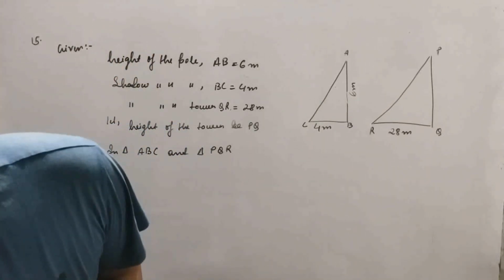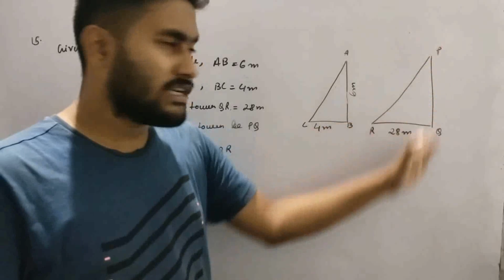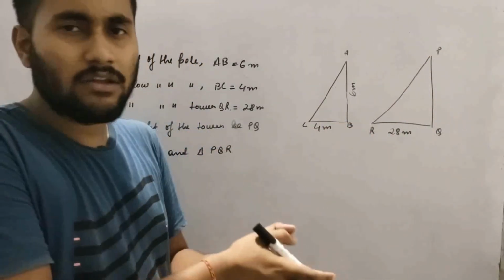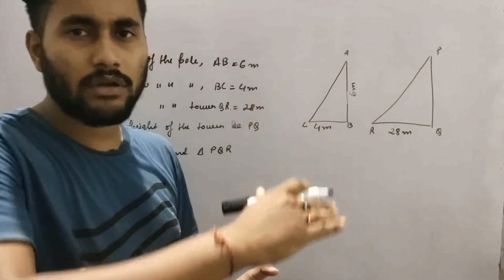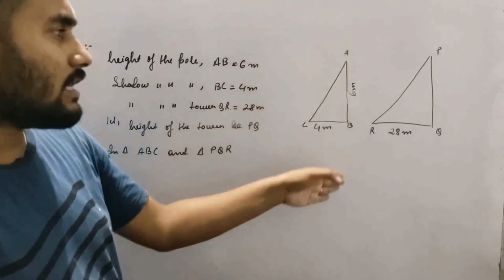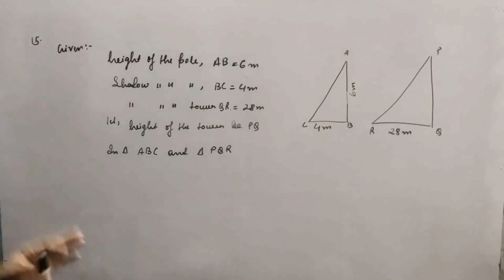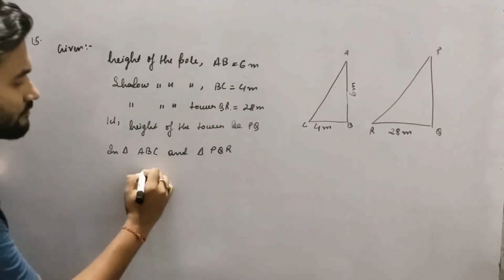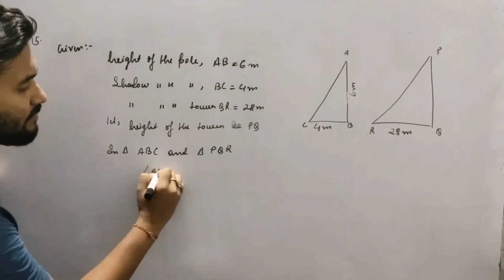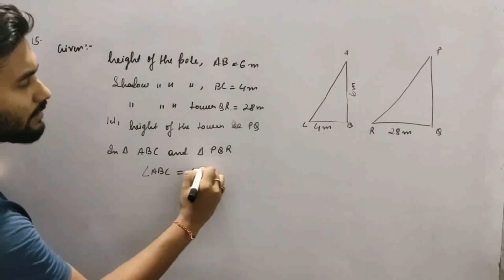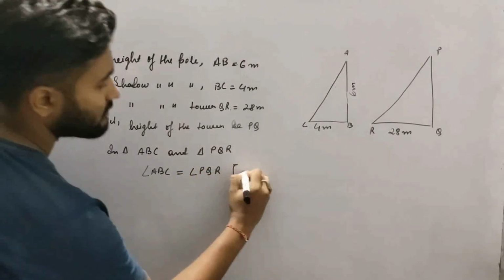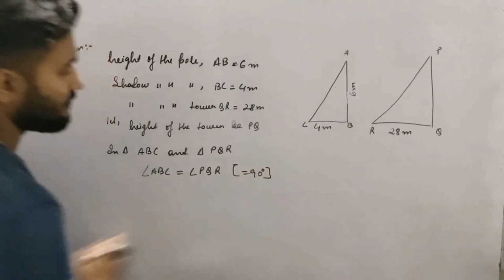It is not mentioned, it is only mentioned as a tower, but a tower will always be vertical only. Why would it become a slanting tower? It will be a vertical tower and a vertical pole. If it is a vertical pole, the angle is always 90 degrees. Very simple. So we can clearly say that angle ABC will be equal to angle PQR. Why? Simple, you write equal to 90 degrees.